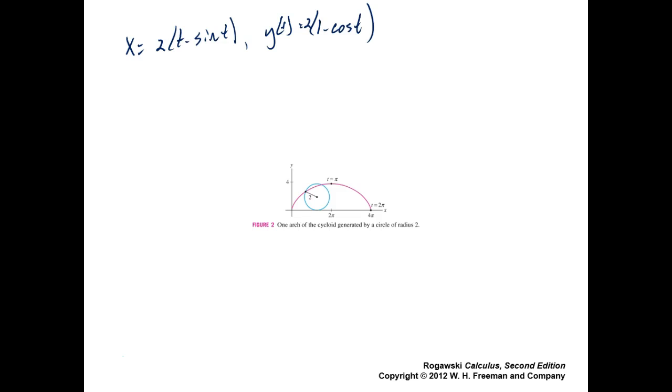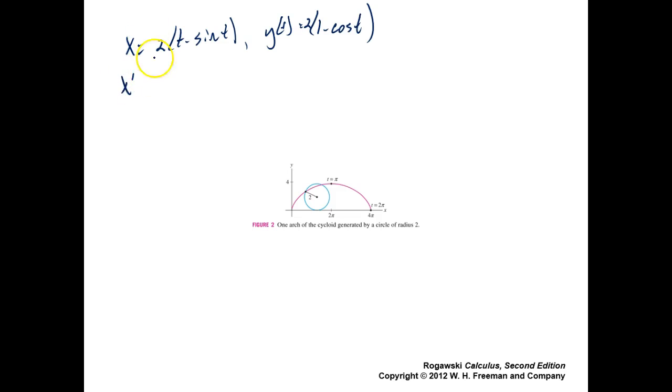Okay, now what do you do with those? If you're looking for the length S of one arch of that cycloid, generated by a circle of radius R equal to 2, what's the first thing you're going to have to do? Same thing we did before. Take a derivative.